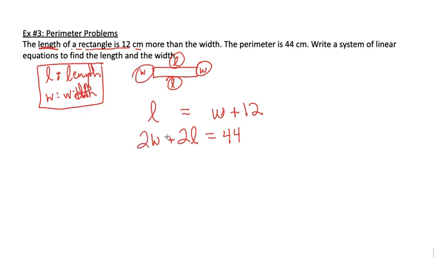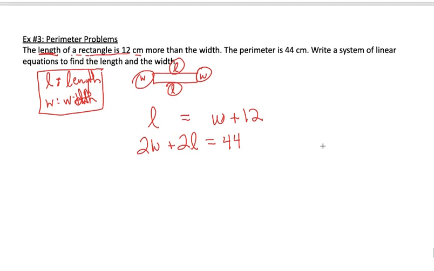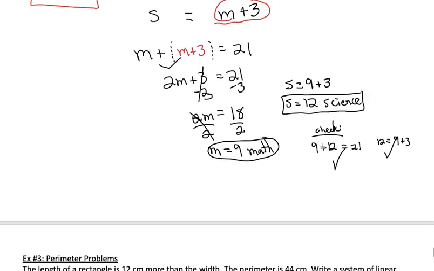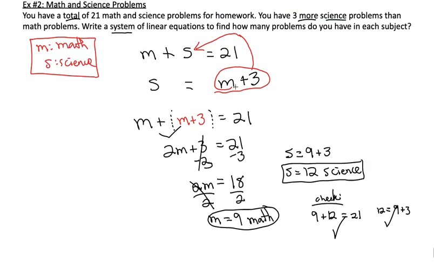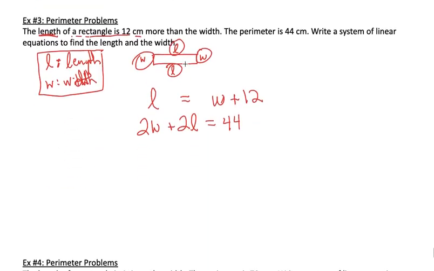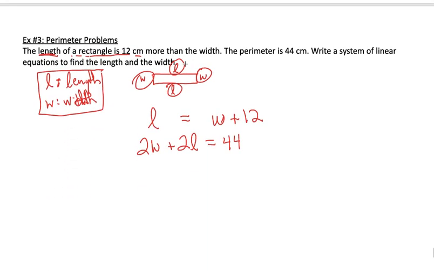They think of it as just W plus L. That goes back to the math and science problems, with the M and the S, because they weren't perimeter. Perimeter has 2 lengths and 2 widths added together to get 44.